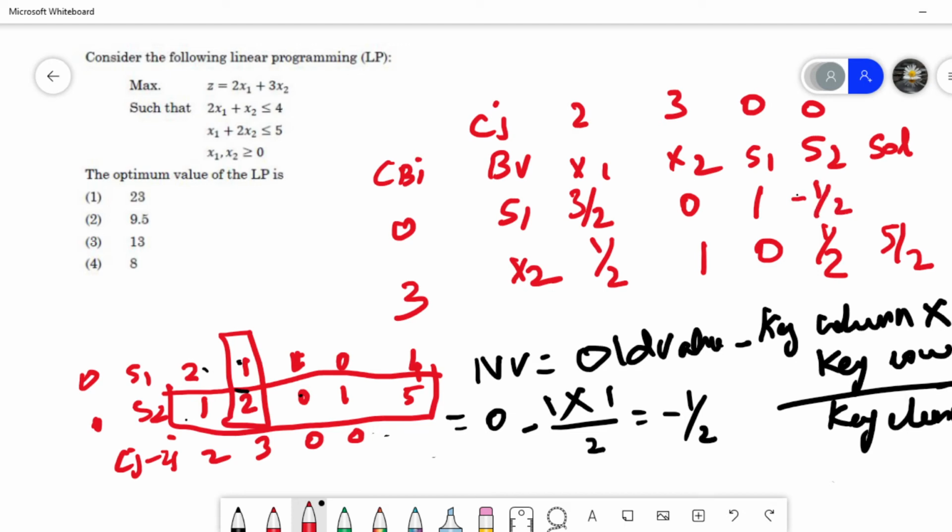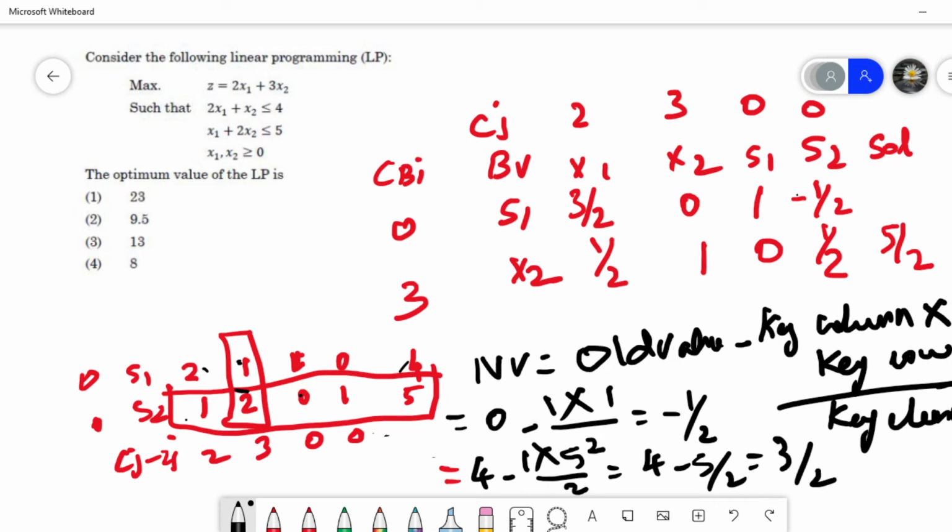So next one is 4. 4 minus the corresponding key column value 1, then the corresponding key row is 5 divided by key element. So 4 minus 5 by 2, which means 3 by 2. So now we got the new values in our table.